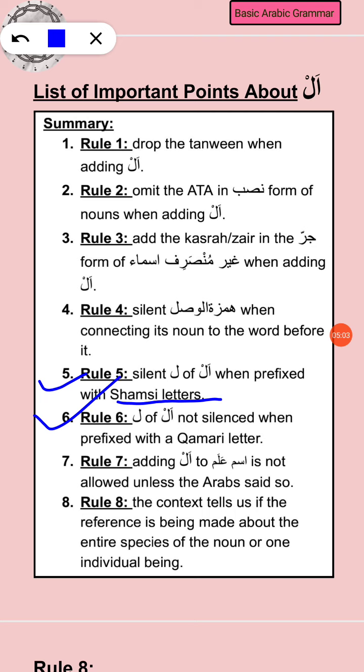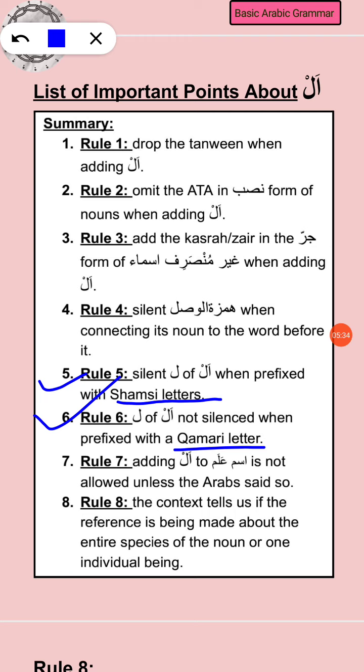Next: lam tarif of al is not silenced when prefixed with a qamari letter. What's a qamari letter? All the letters that are included in the acronym haq ka khauf ajab qam hai are qamari letters. What do these letters do? They let the l sound of lam tarif exist. It doesn't get silenced.